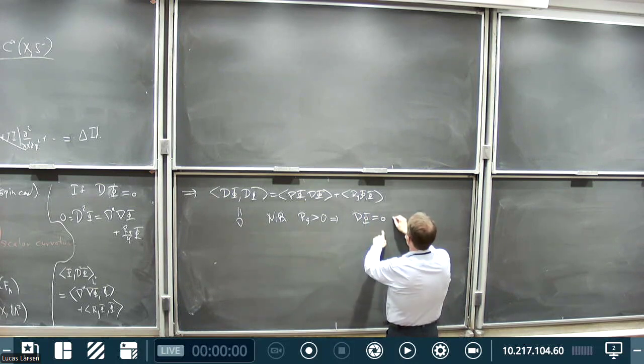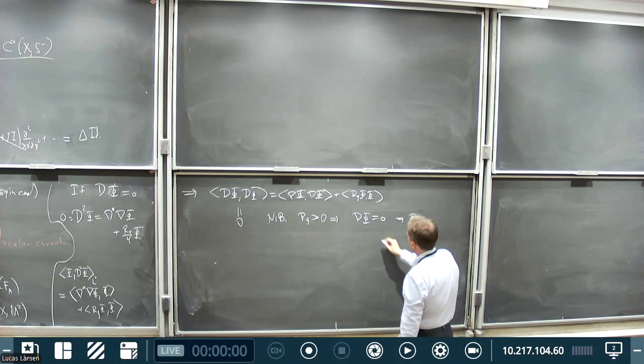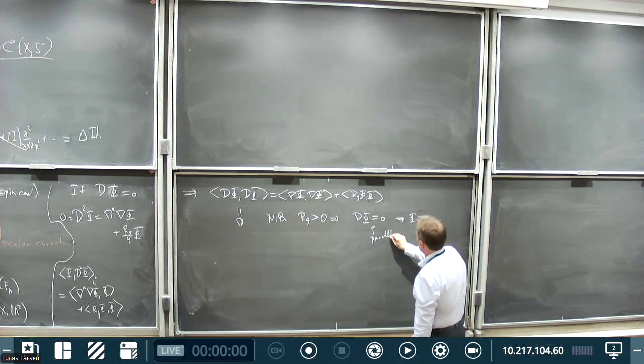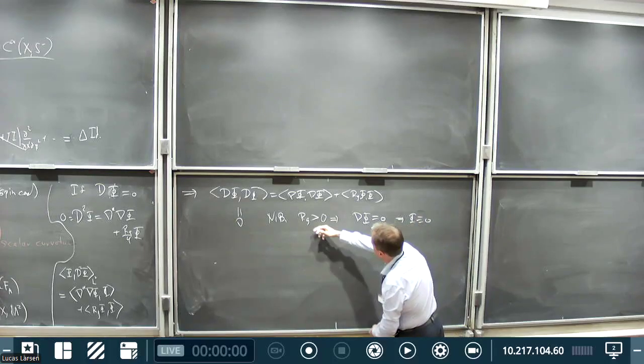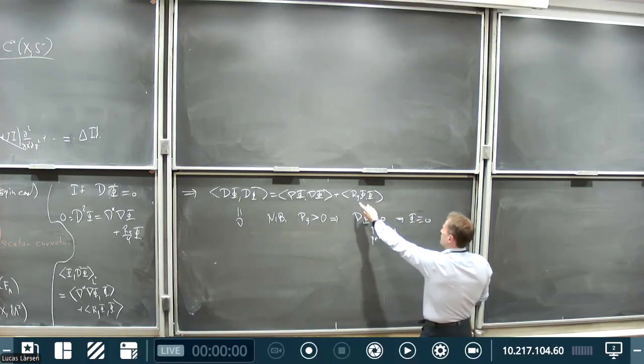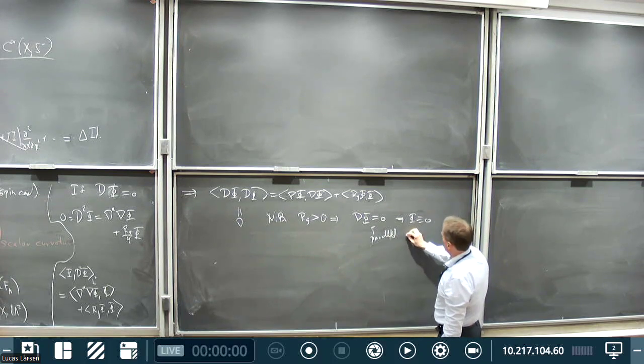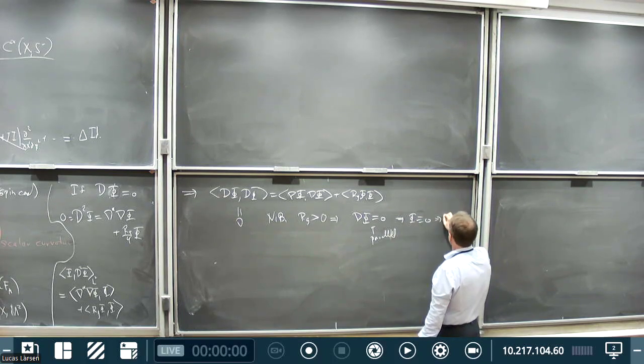That means it's parallel. If R is greater than or equal to 0, it's at least parallel. If it's non-zero somewhere, then phi is identically 0. So this implies that the index is 0.